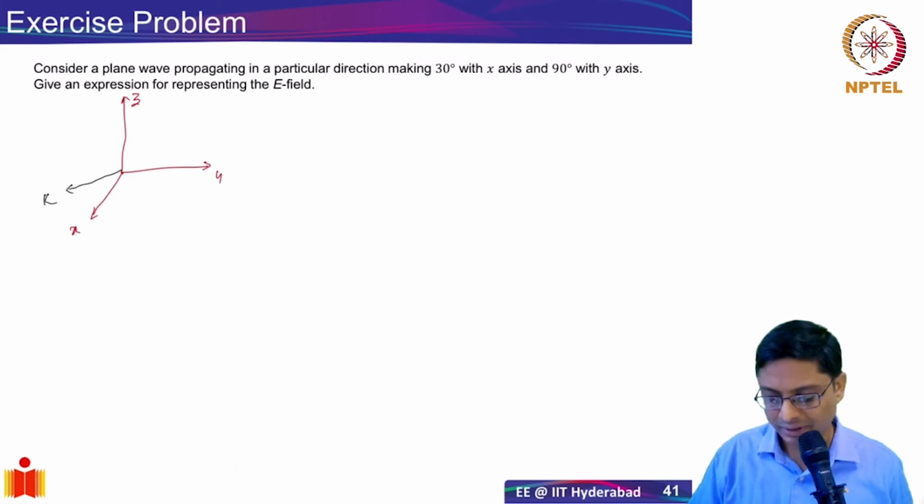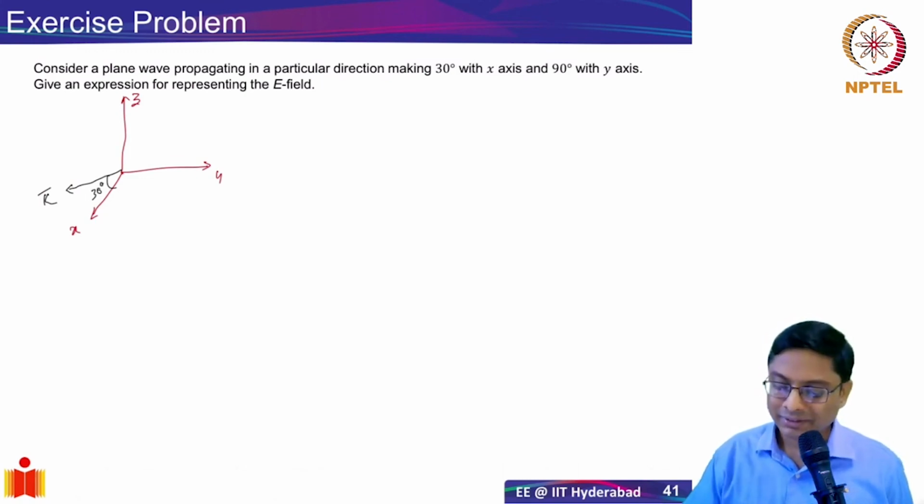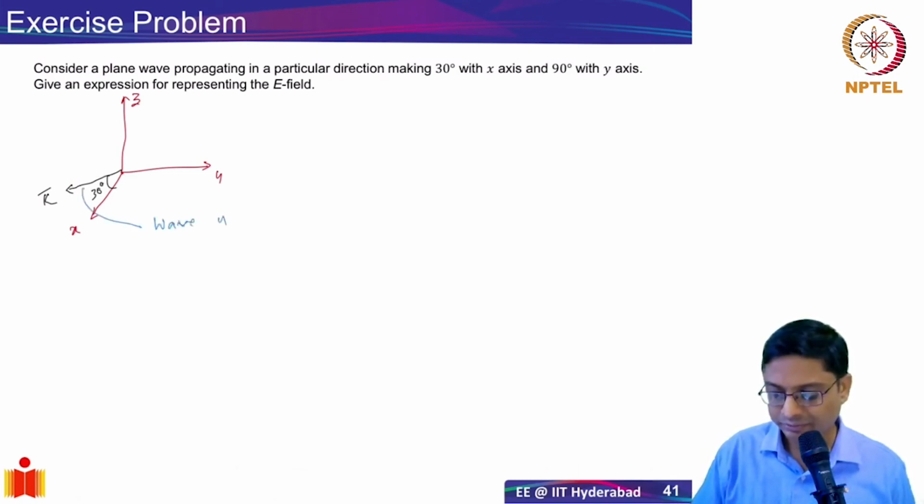K is the vector. So this is 30 degrees with the x-axis. And it also makes 90 degrees with the y-axis. So that means K is essentially confined, right? Wave is confined to xz plane.